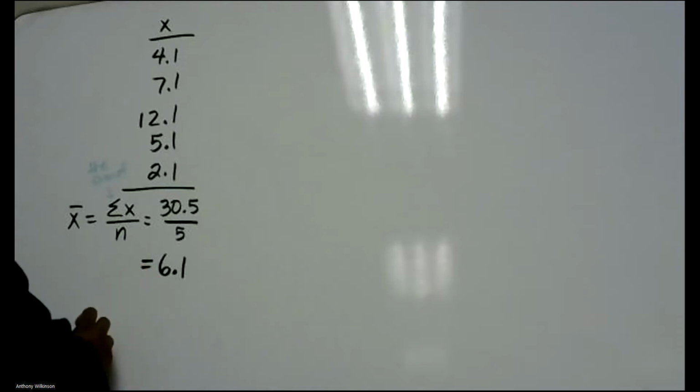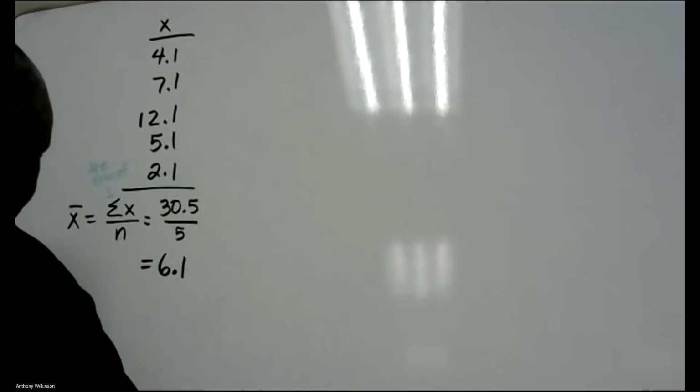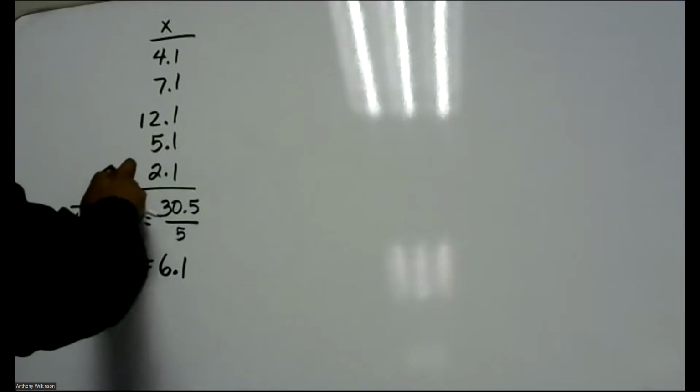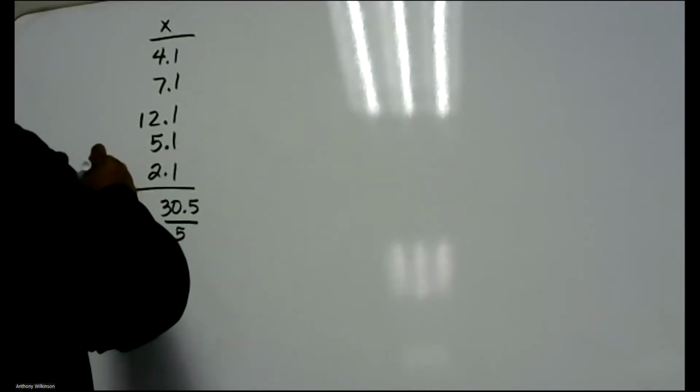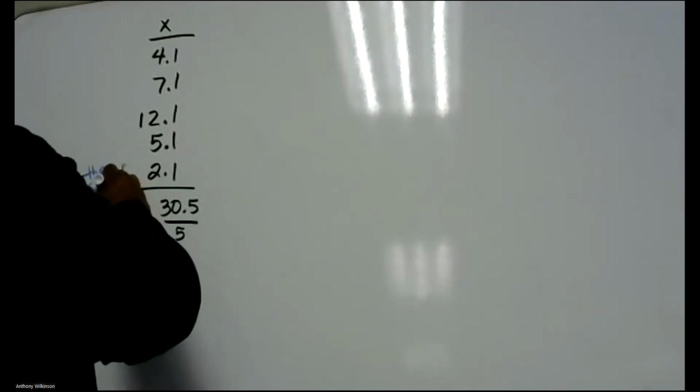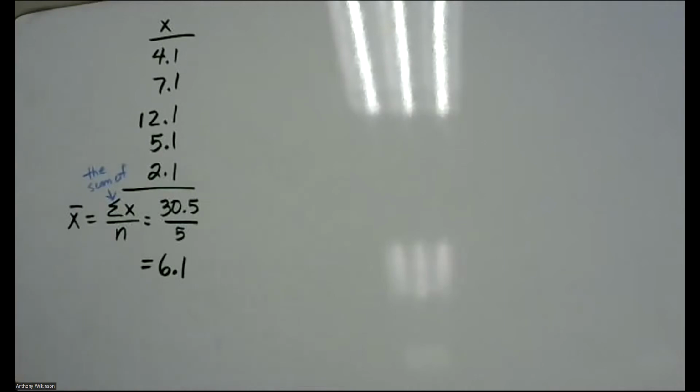That means the sum of, okay, let me use blue. That's what that Greek letter means. Sigma means the sum of the x's divided by n. So that mean is going to be 6.1.